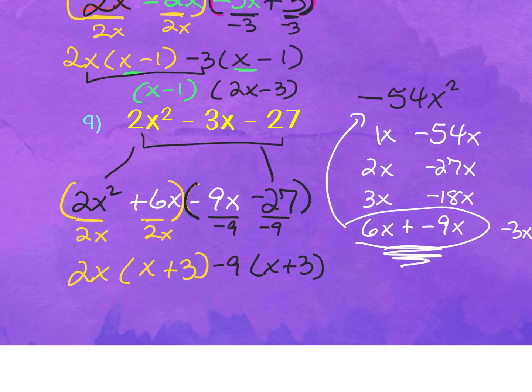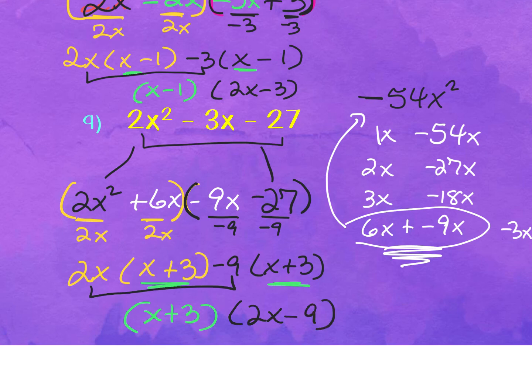And now I can group. I'll put my thing that's the same, the x plus 3. You can go ahead and write that. And then put the two numbers that you just divided by, the two GCFs you found, together in the second parentheses. And you're done.